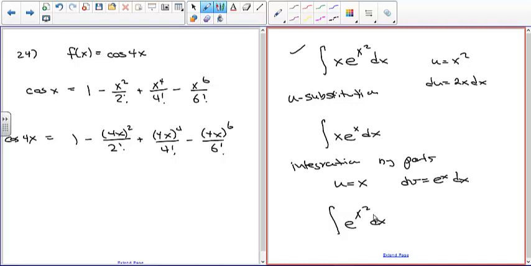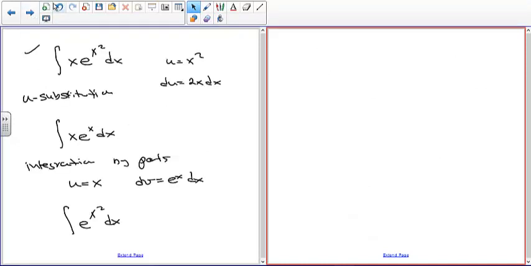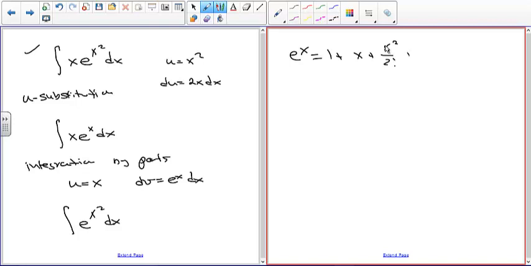Well, this would be a case where you could use a series. You could come up with a series solution. So the first thing you would do is, e to the x is 1 plus x plus x squared over 2 factorial plus x cubed over 3 factorial.